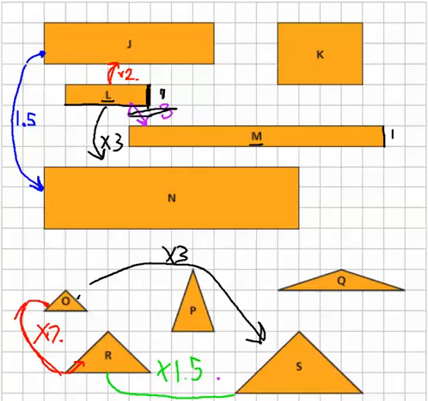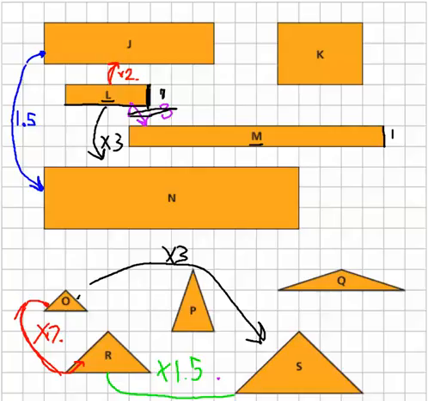So Connor, could you explain what you were talking about when we were looking at L and J? Okay, so when I was looking at L and J, I saw that L's height was half of J's height.